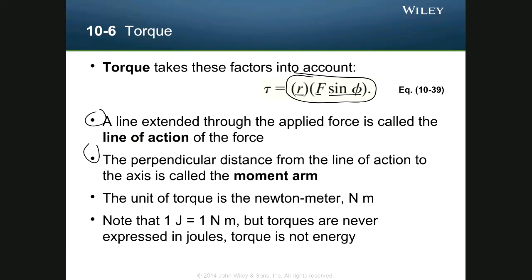The unit of torque does not have its own special unit. It is a Newton meter, but note that a joule is a Newton meter, but torques are never expressed in joules. Torque is not energy. In fact, more importantly, torque is a vector. Energy is a scalar. So we have that important distinction.